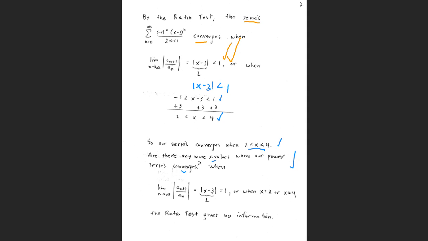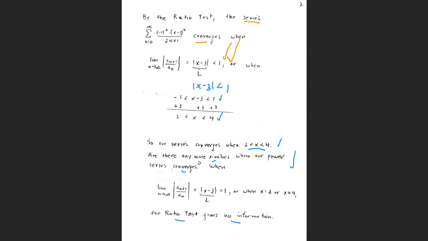One thing I like to do is say, if the limiting ratio equals 1, we know the ratio test would give no information.